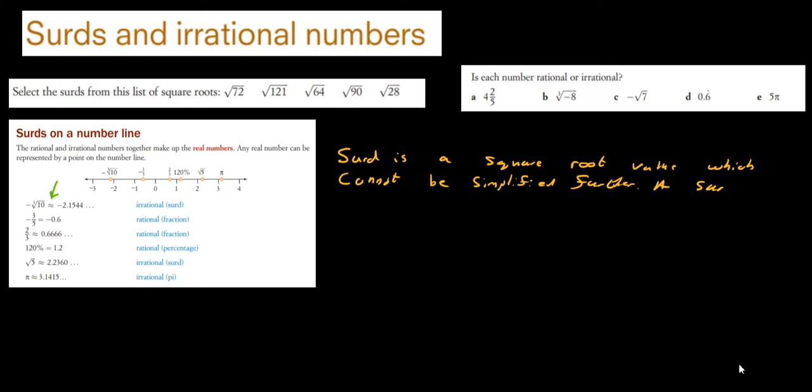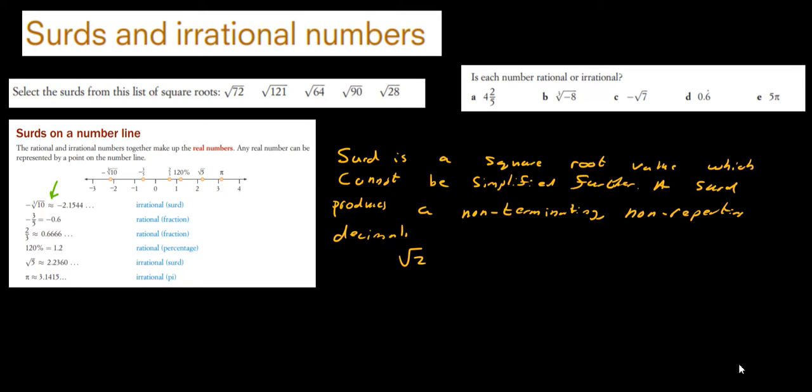A surd produces a non-terminating, non-repeating decimal. So let's look at some examples. The root of 2, the root of 3, the root of 5, the root of 6, the root of 7, the root of 8. There are infinitely many surds.